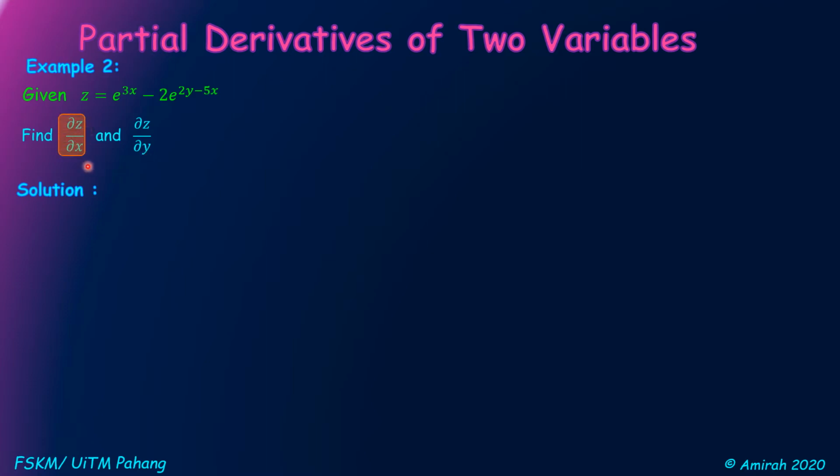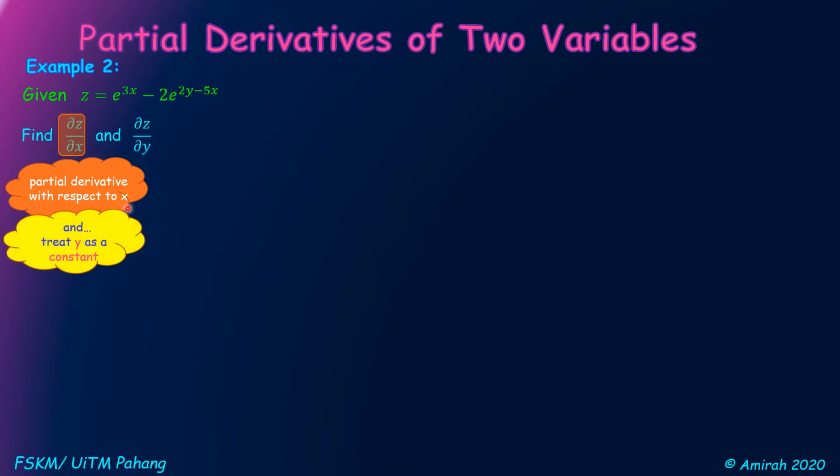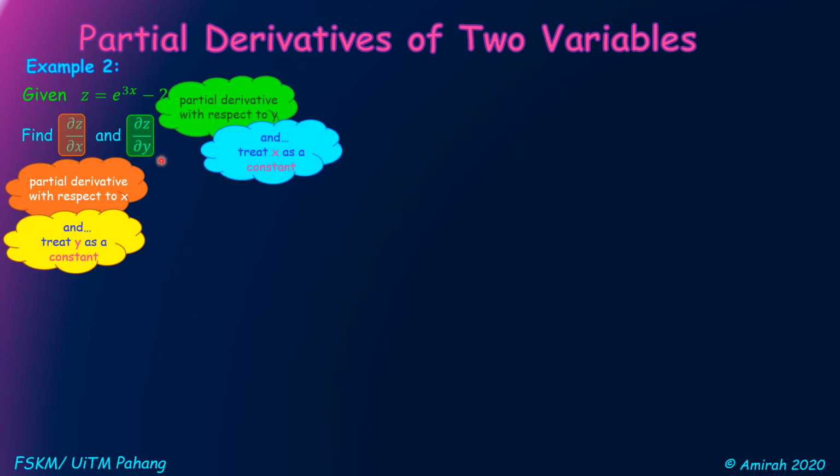Del z over del x means the partial derivative with respect to x, and we treat y as a constant. While del z over del y is a partial derivative with respect to y, and we treat x as a constant.